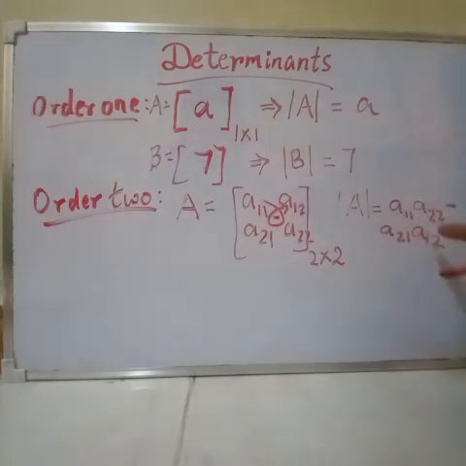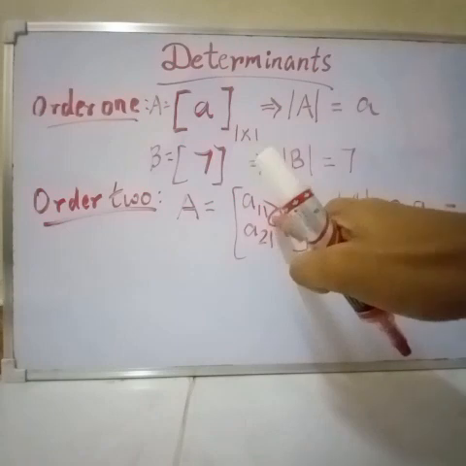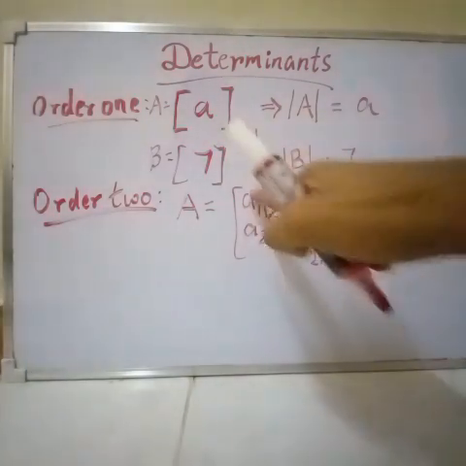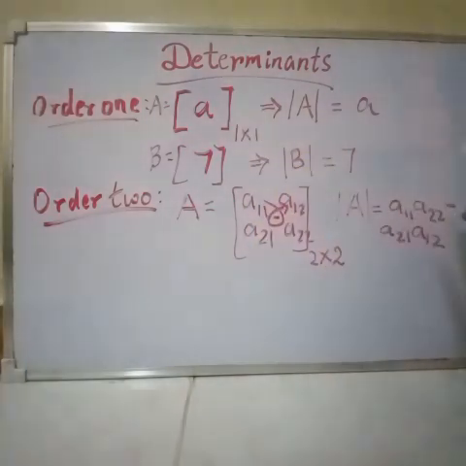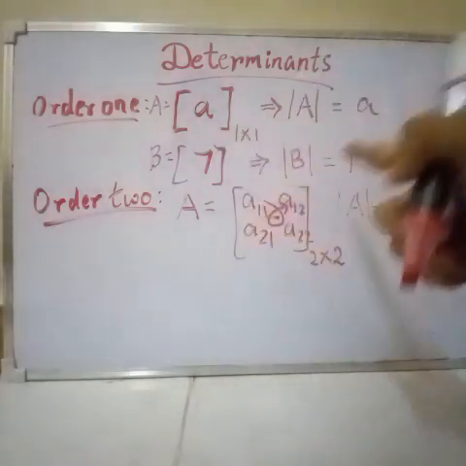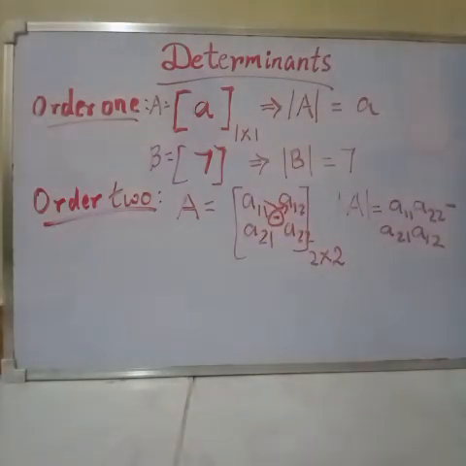So this will be the determinant of a second order matrix. The symbol in between has to be minus, and you multiply the primary diagonal minus the secondary diagonal in this order. Like this you can find the determinant of a second order matrix.